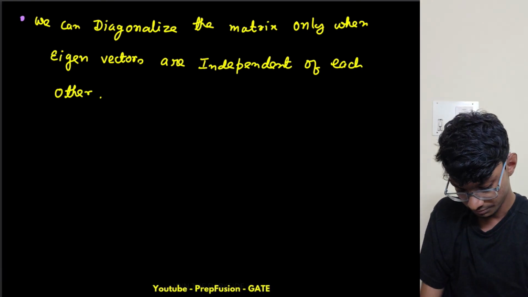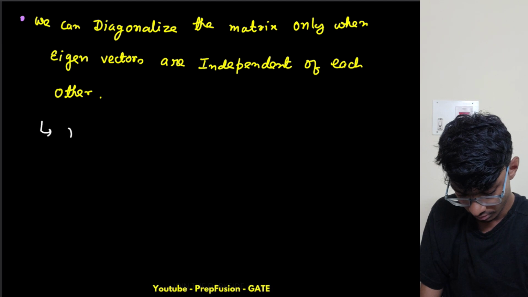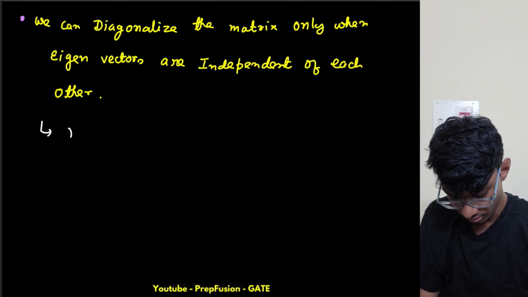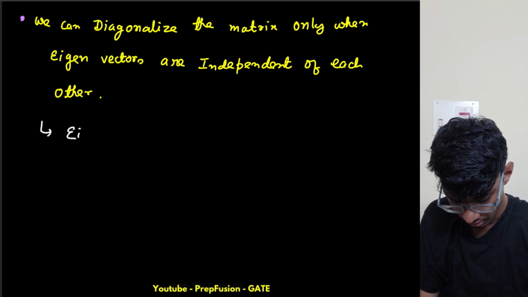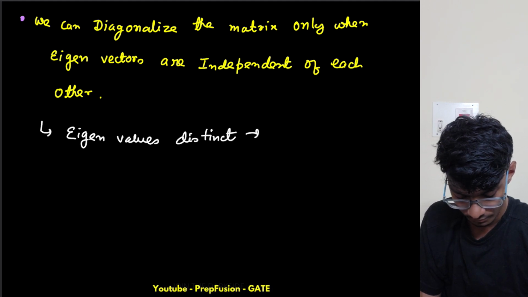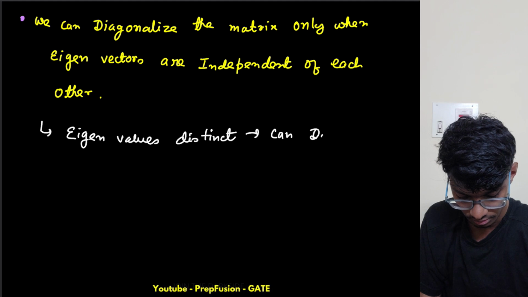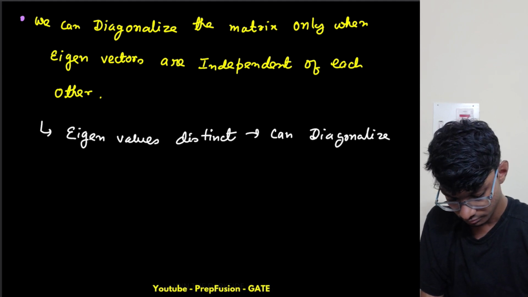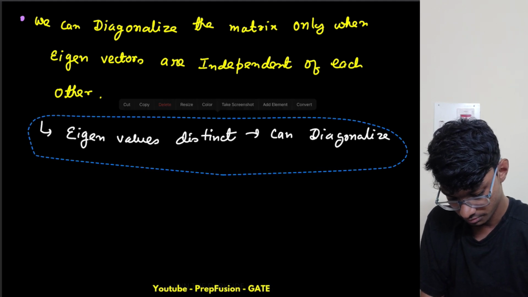So what can we deduce? Eigenvalues distinct: can diagonalize.